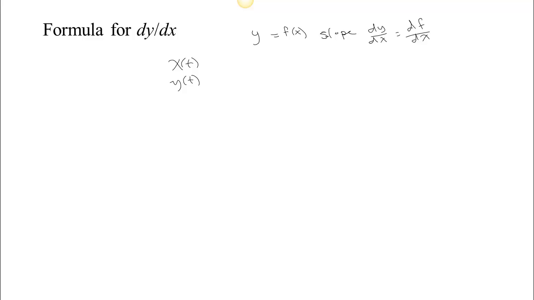So what we can do, though, is think about differentials. So we're on this curve, and we might ask, as time changes, so we have time moving forward here, if we make a small change in time, how much will we go over, and about how much will we go up?